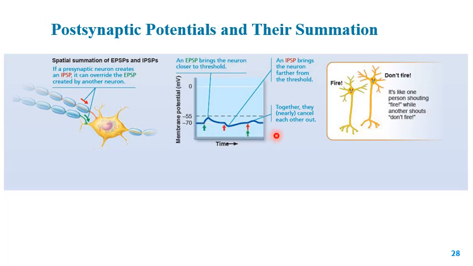So this poor neuron receiving the signals is going like, should I fire, should I not fire? It's not quite reaching threshold because it's having conflicting information getting to that neuron at the same time. And yet all this information is getting summated to decide whether the neuron is going to fire or not.